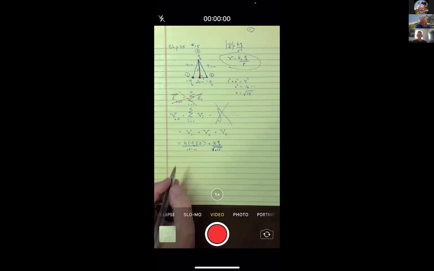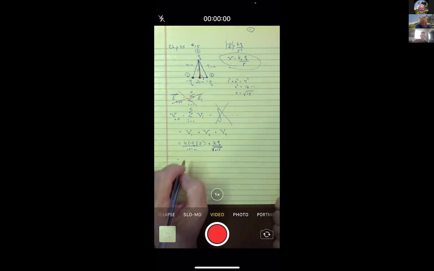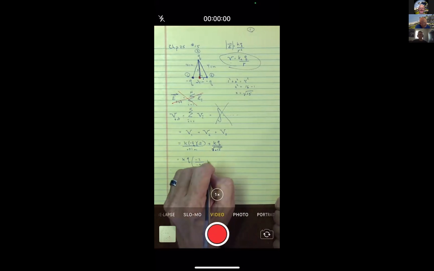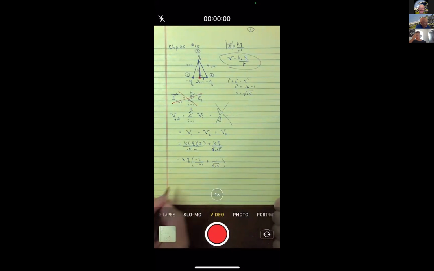Those are the 3 charges. So now I can put in my numbers. You could even argue that a K and a Q is in each term, so I could factor out a K and a Q. I'd be left up here with a -2 over 0.01, and then 1 over the square root of 0.15.